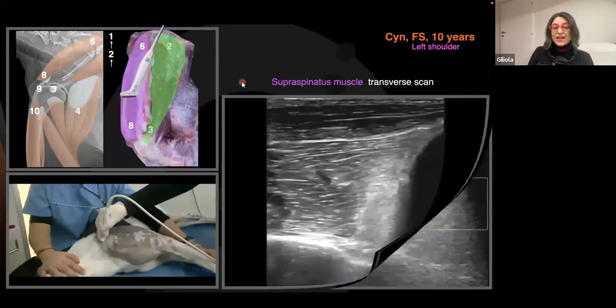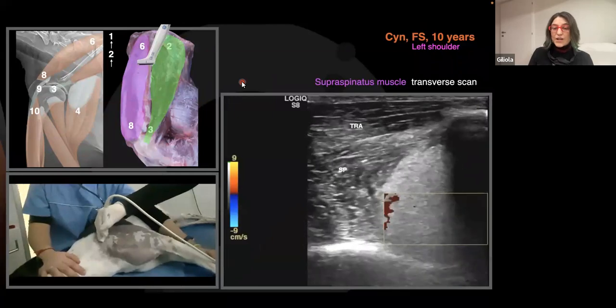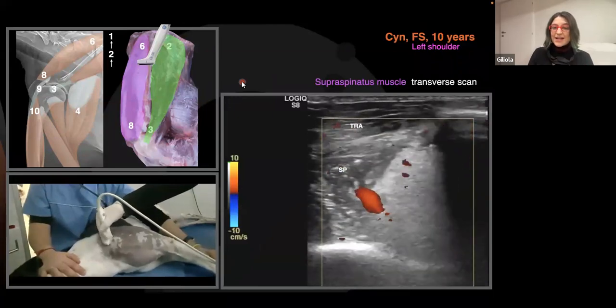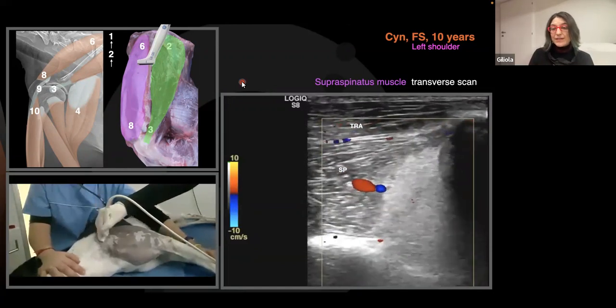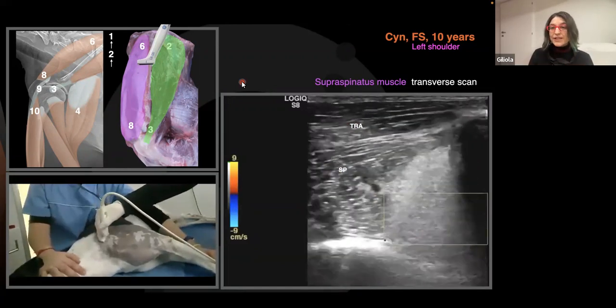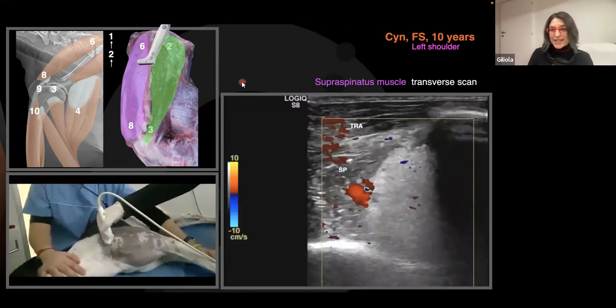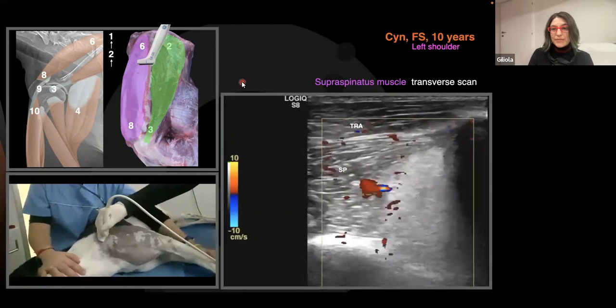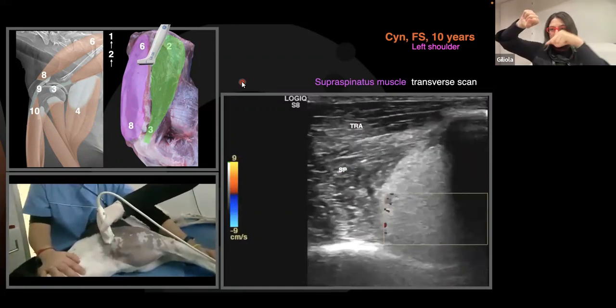We can use other devices like Doppler. Doppler tells us how much blood is present in this lesion. We see there is increased blood supply, which with inflammation and remodeling of hematoma is quite normal. And we know that this is the problem. How do we know that? Finger lesion.